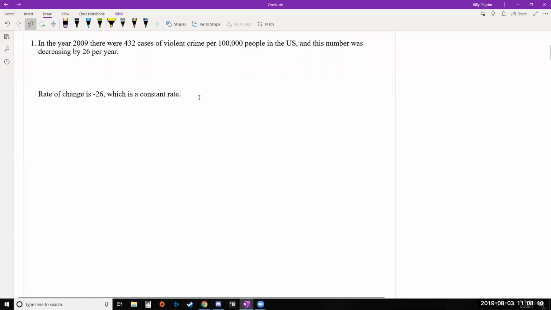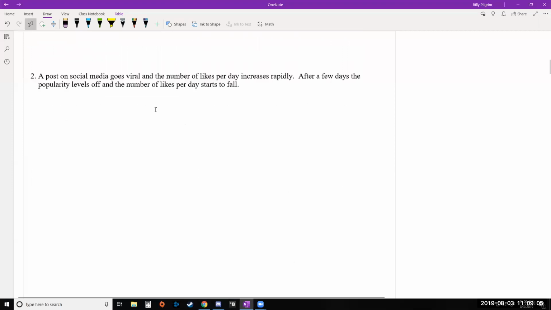So this is a constant rate, which means we have a linear growth scenario, right? As long as you have a constant rate of change, you know you have a linear growth scenario. We can model that with the linear equation y equals mx plus b, and then make some predictions. So that's what we're looking for. What type of growth, what's changing, and how is it changing? And if it's constant, linear growth scenario. Okay, so that's our first example.